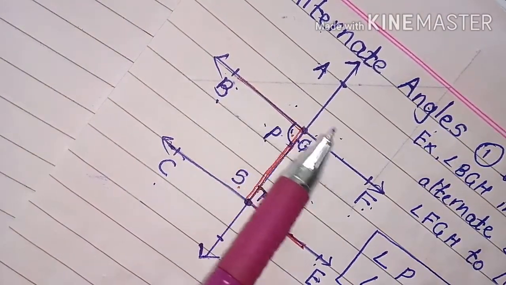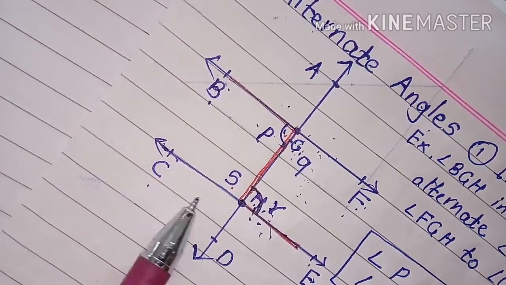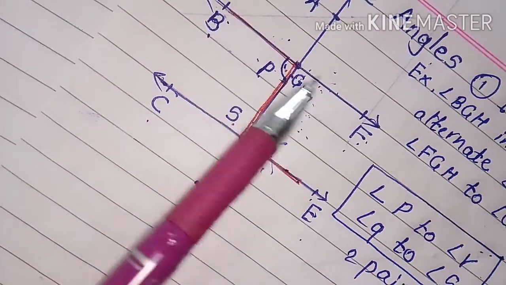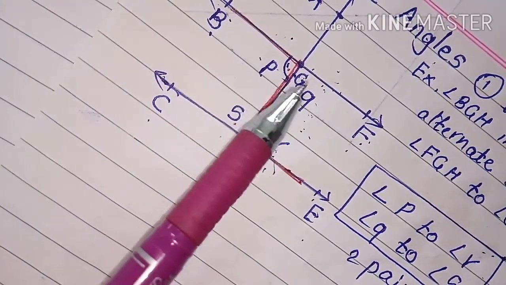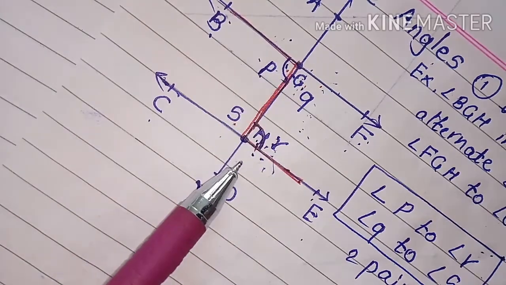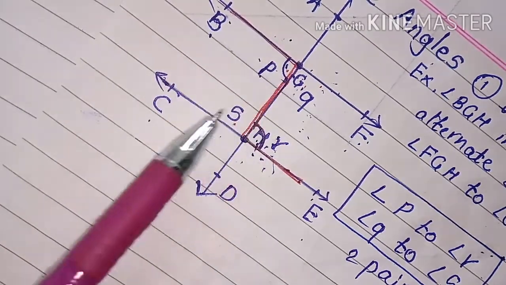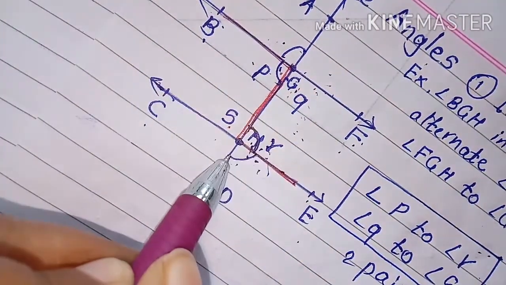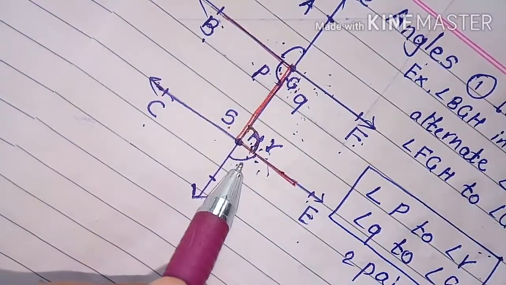Here see about exterior points. These are the two exterior and these are the two downside ones, up and down. There are four angles which are exterior, and as I told you, you have to see the alternate angle like a Z sign. So this angle is opposite to, alternate to, this angle.